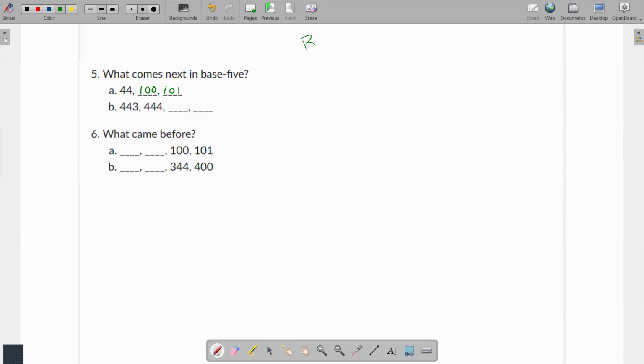Reminder about base 5. We're grouping by 5. And the digits that we have to work with are 0, 1, 2, 3, and 4. So in base 5, you are never going to write that digit down.